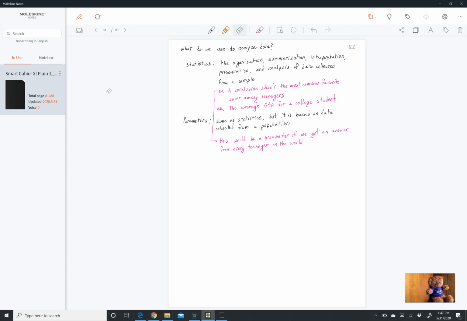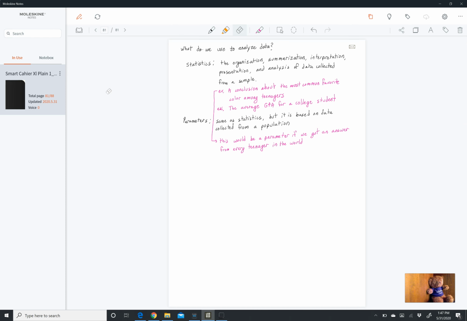So we're saying, okay, well, if we ask a random sample of 100,000 teenagers throughout the world, and we figure out what the most common favorite color is among those teenagers, then it's pretty likely that this is going to be the most common favorite color for every teenager, if we asked the whole population.